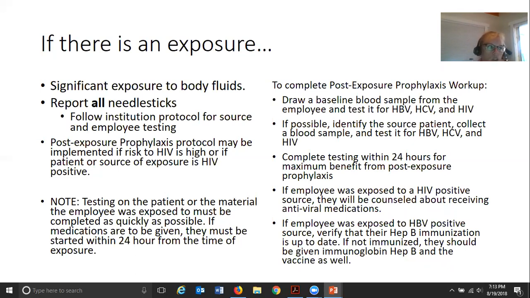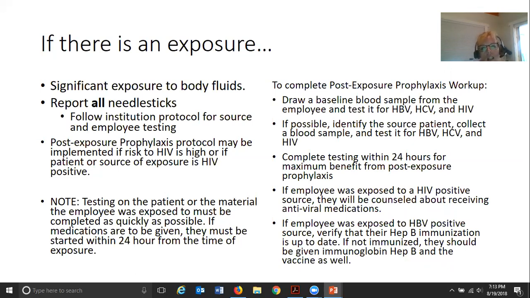An exposure can also be if you're around someone with bacterial meningitis that's diagnosed after you've drawn their blood, you may be required to take antibiotics because that's very easily obtained as an infectious agent. So you may also have to take medicine if the risk of receiving HIV is high or the source is HIV positive.